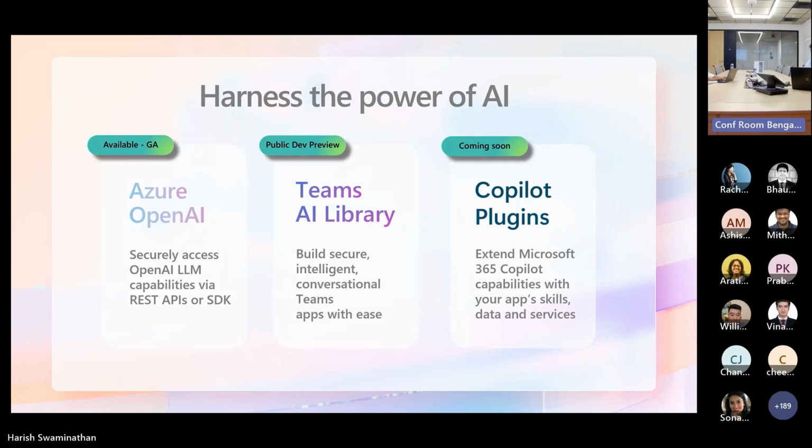The next thing that we are really proud to show today is the Teams AI library, where we've got an easy, quick to realize value way in which you can build AI powered applications on Teams, or upgrade your existing applications that you have on Teams and make them AI powered. The third pillar is Copilot plugins, but just as a disclaimer, we're not going to focus on that today. Today's focus is going to be about how you can bring the power of AI to your application.